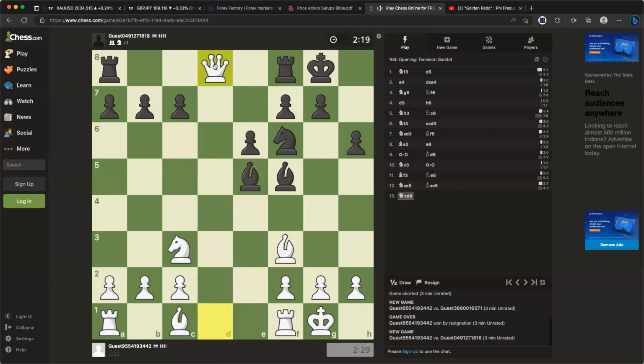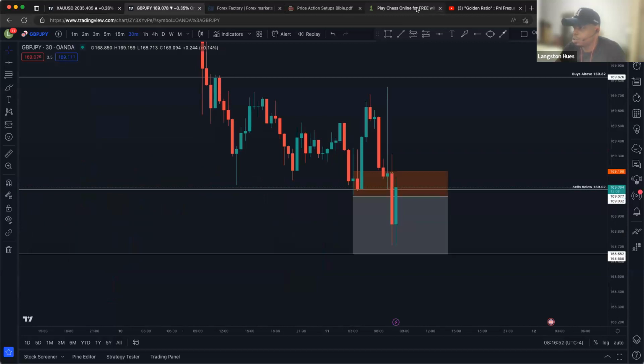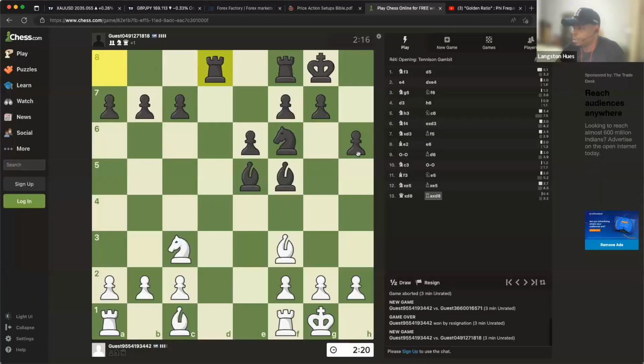Gold's making a move down. Moving down. There she goes. As she moved down, British pound moving up. Moving down before the news. What does it mean?